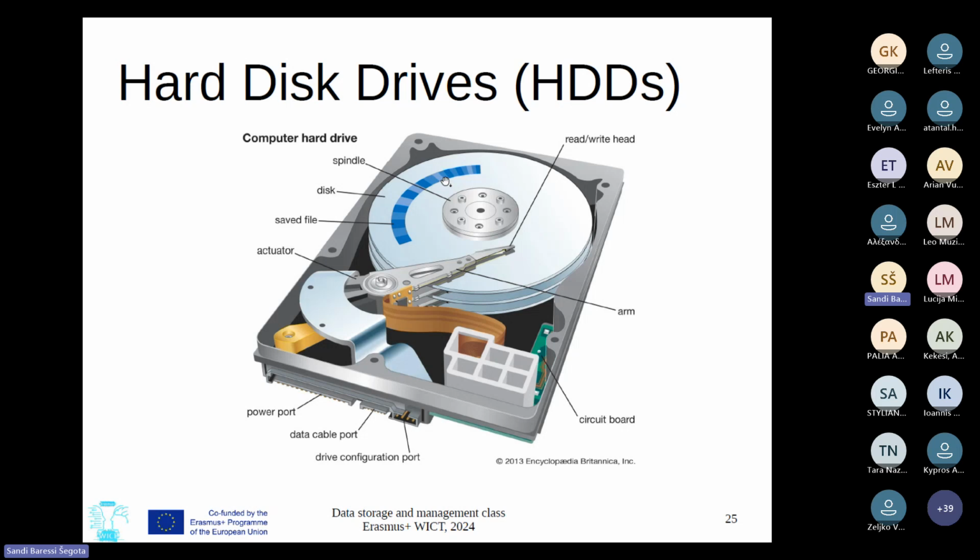The file is stored in a circular fashion on it, and as this spindle, this center disk, spins, it is going to come under this read-write head, which can move radially, so from the center of the drive to the outside of the drive, and that will allow you to read information of this entire disk.